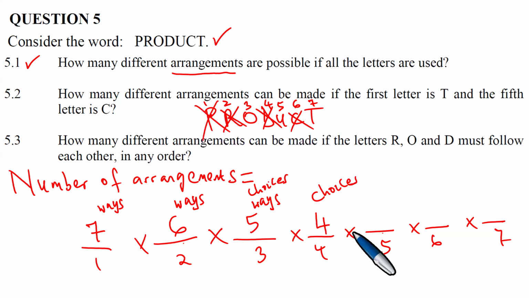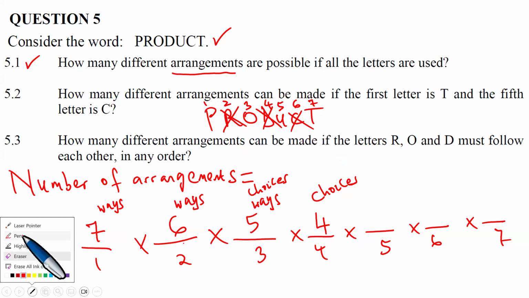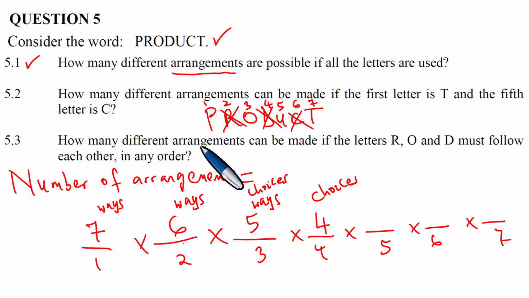After that, we cross one out and we're left with 1, 2, 3.